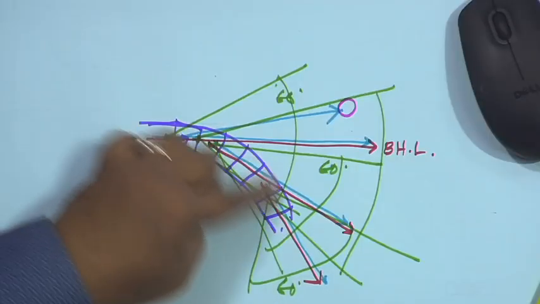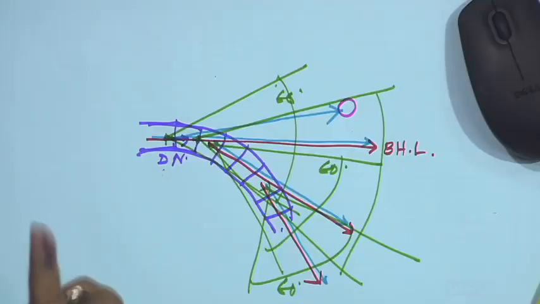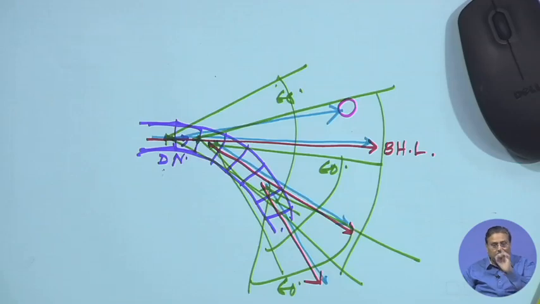The body heading line turns further, still moving. At one point, when your body heading line and 60 degree cone have moved so far that your object has gone out of your eyes' 60 degree cone, there the problem starts. If the quality of the object is so great that it still keeps you hooked, then you turn the body, but your head is towards this direction.